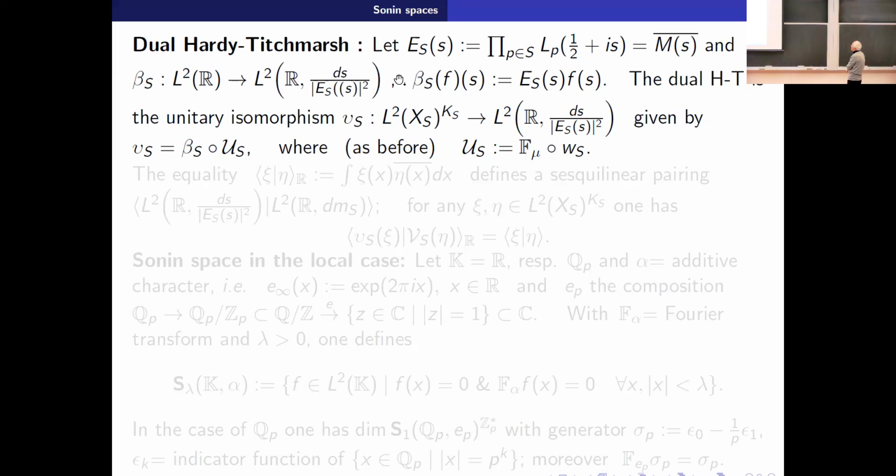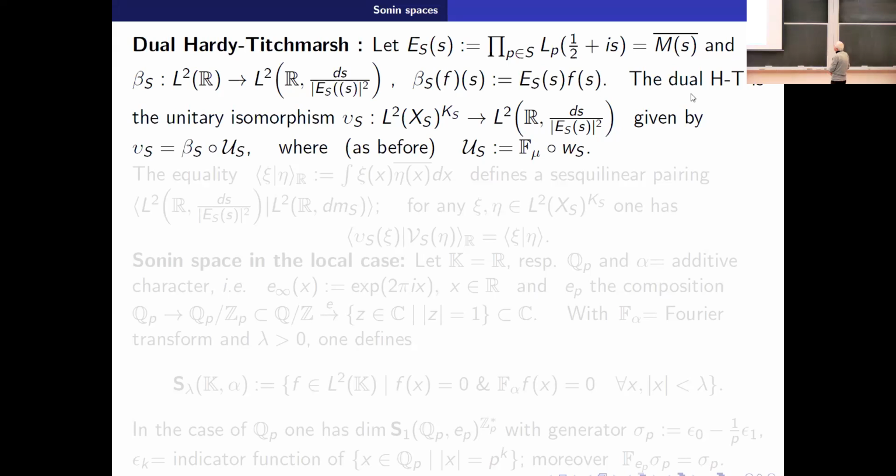That's called ES. And multiplication by this factor ES, let's call it beta, will come into the definition of the Hardy-Titchmarsh isomorphism, well, in the dual setting.